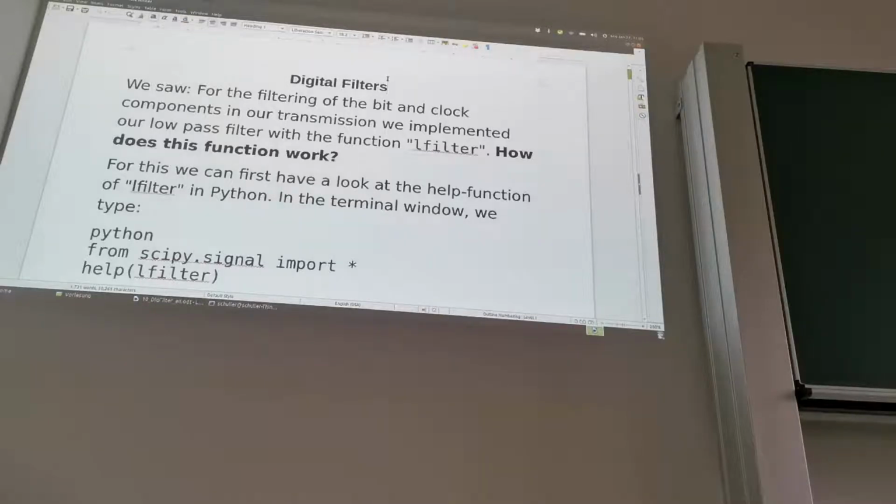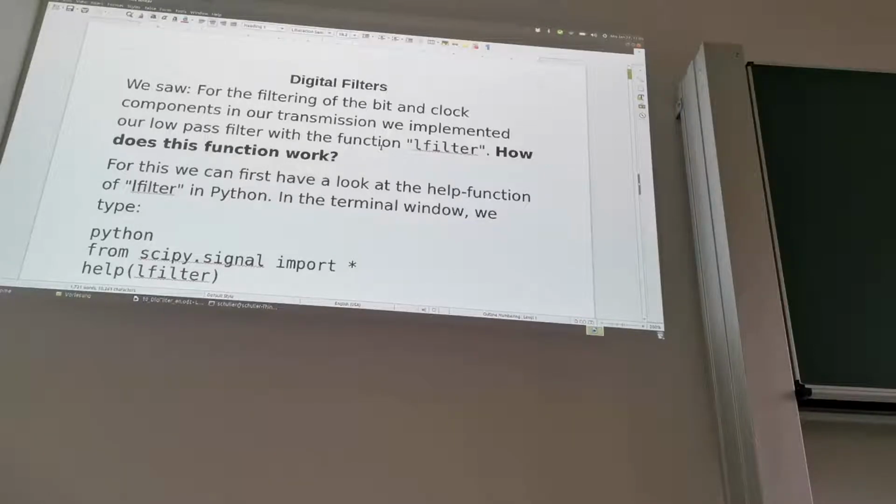Analog or digital, we need low-pass filters. And we already used the lfilter function last time for the AM demodulation in the digital domain. So the question is, how does it work? What's behind this lfilter function? How does digital filtering work?